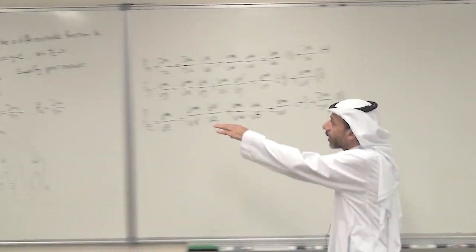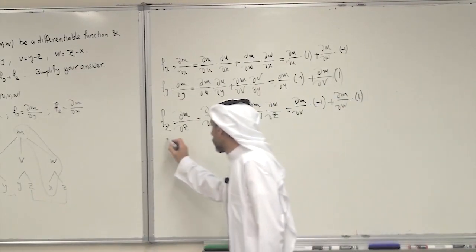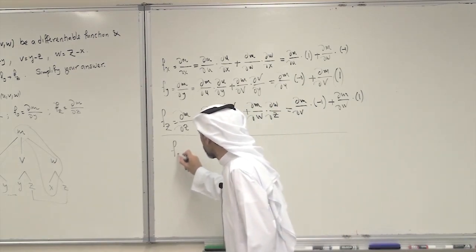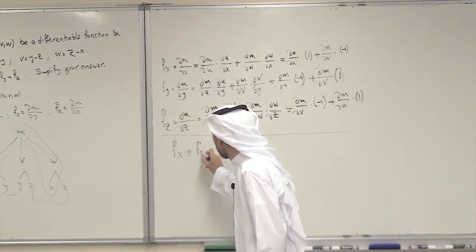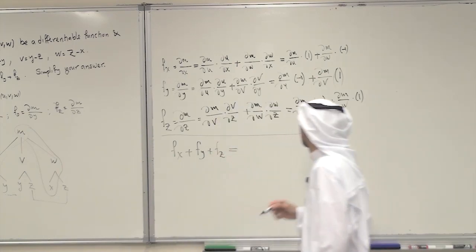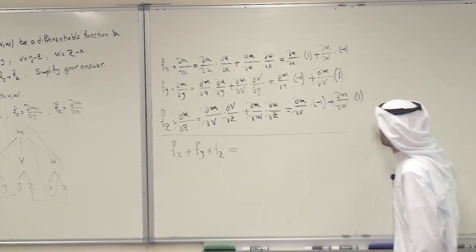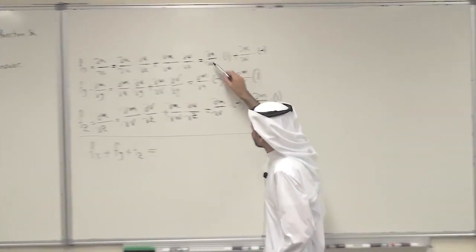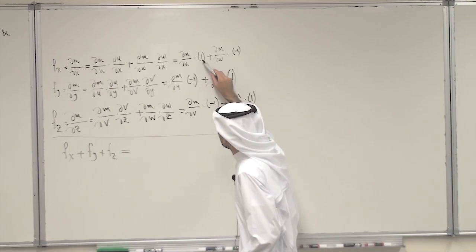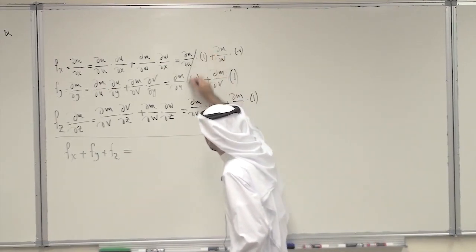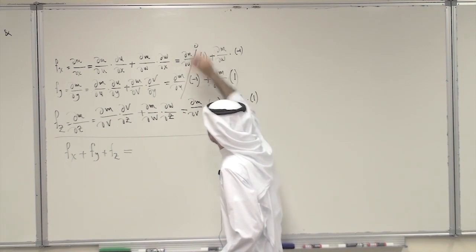Now we need to add. When we add, we get the following: f sub x plus f sub y plus f sub z equals. We add these quantities here, and let's notice the following: partial m, partial u, and partial m, partial u, with 1 and minus 1. So they are negatives of each other. So when we add them, we get 0.